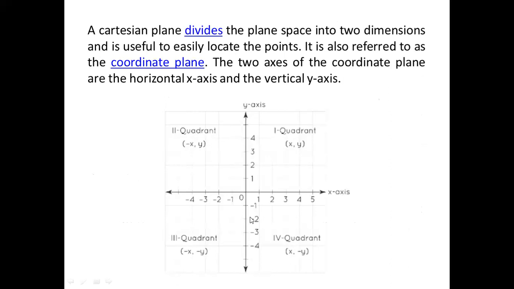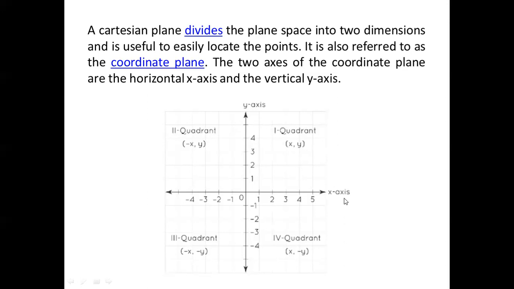This is a Cartesian coordinate system. It's two-dimensional, and you can refer to it as a coordinate plane as well. We have the x and y axes, and on these axes we have 4 quadrants. Quadrants are the spaces that the x and y axes create.